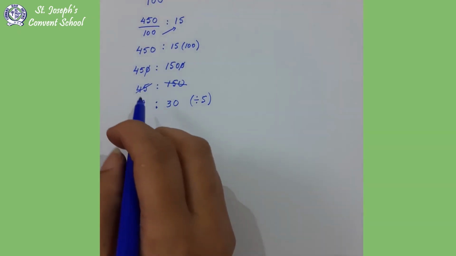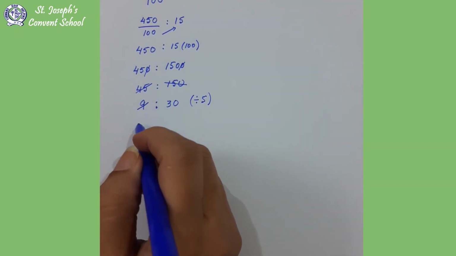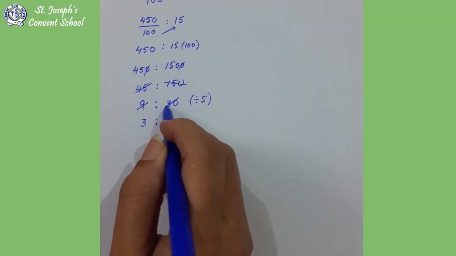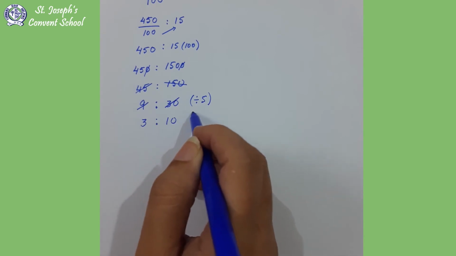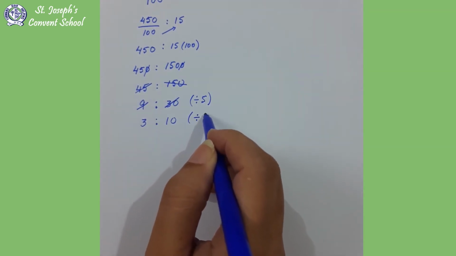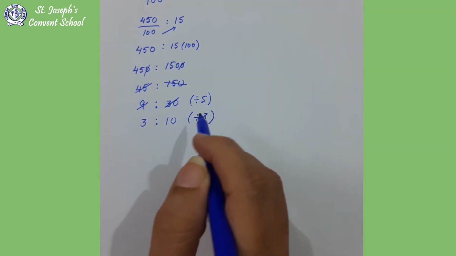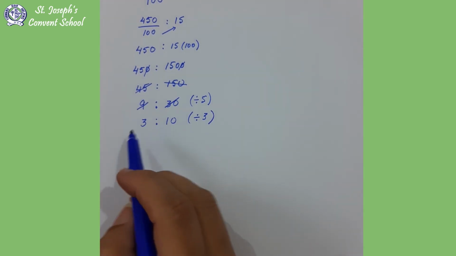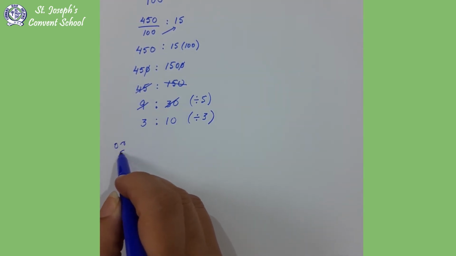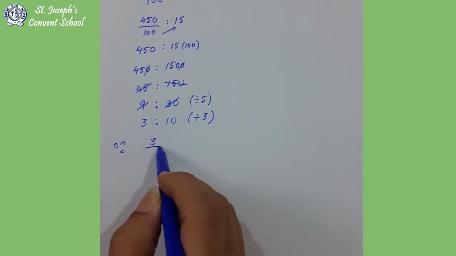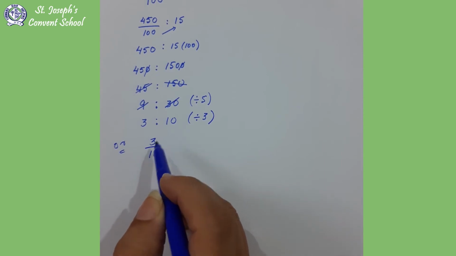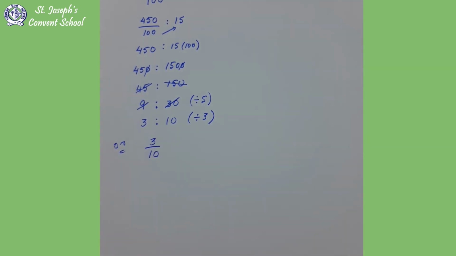Still you can divide this by 3. 3 threes are 9 is to 3 tens are 30. So divided by 3. Okay, so 3 is to 10, or you can write 3 upon 10. Okay, this is the ratio of that.